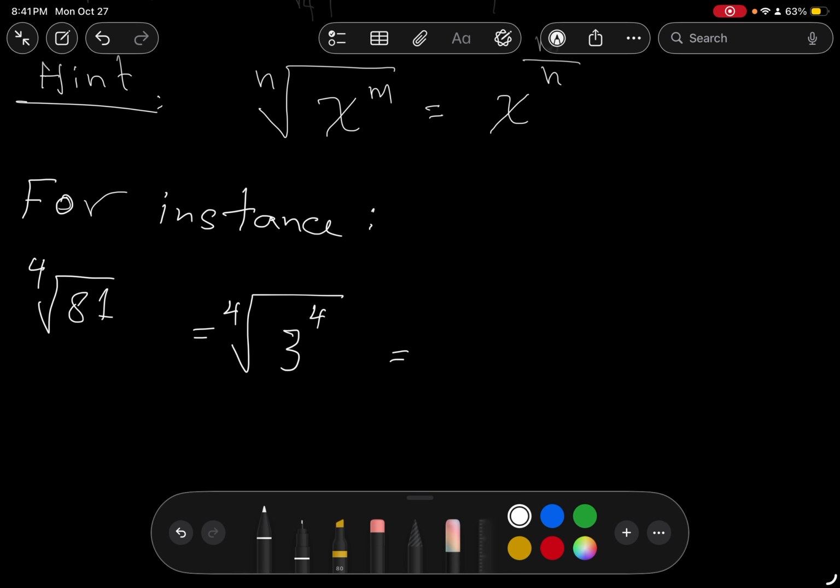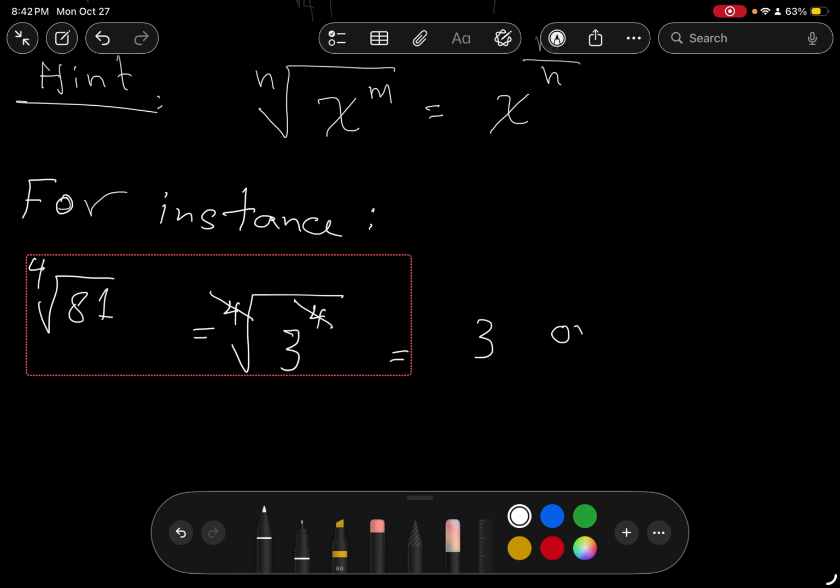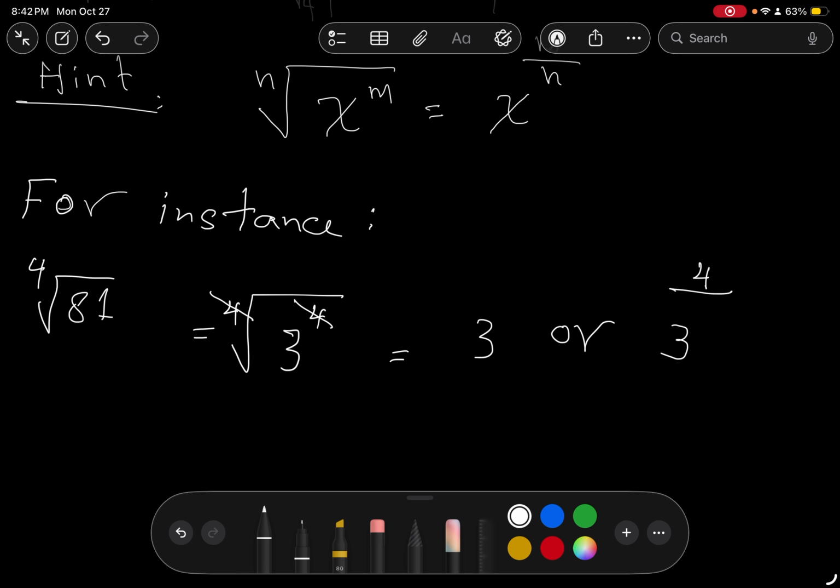Why? Because we should multiply 3 four times to equal 81. So the fourth with the radical equals 3. Or 3, an interior over an exterior, we should simplify it, equal to 3. Same. Look, this one like this one.